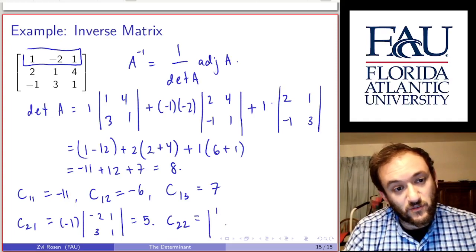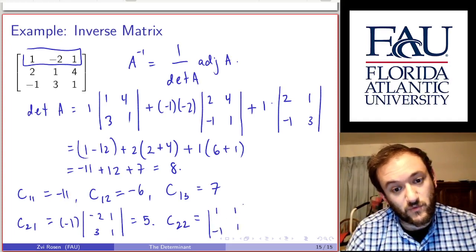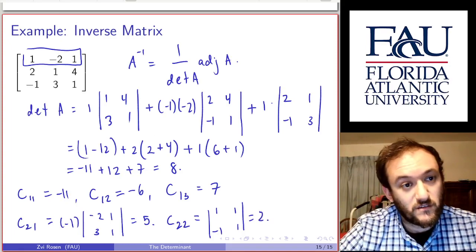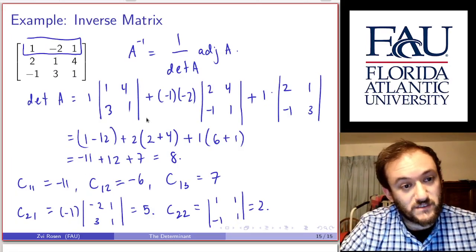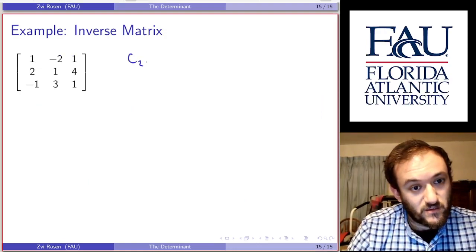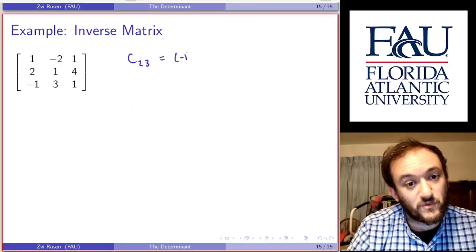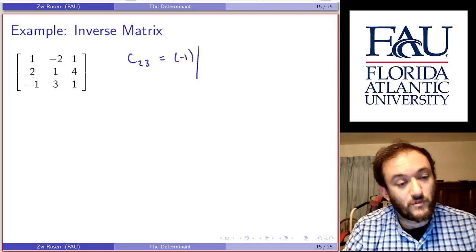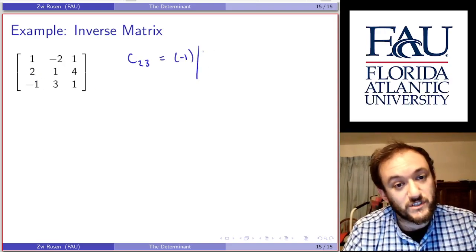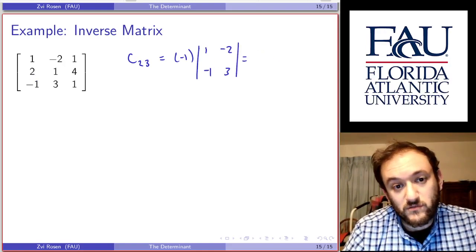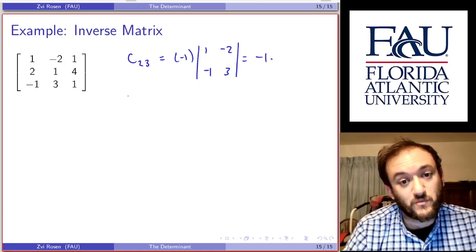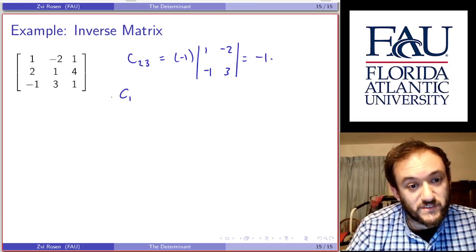And it's this determinant 1, 1, -1, 1, which is 2. Okay, so we have C21, C22 now, and we need C23. This is equal to -1 times what we get after omitting second row, third column, which is 1, -2, -1, 3, or 3 minus positive 2, so that's 1. So this is -1.